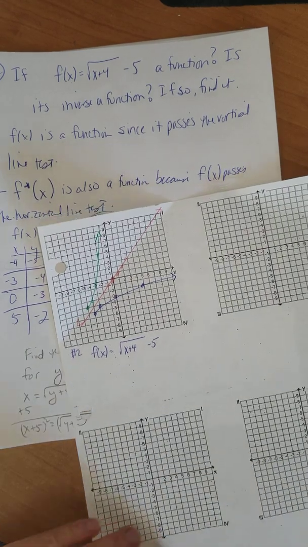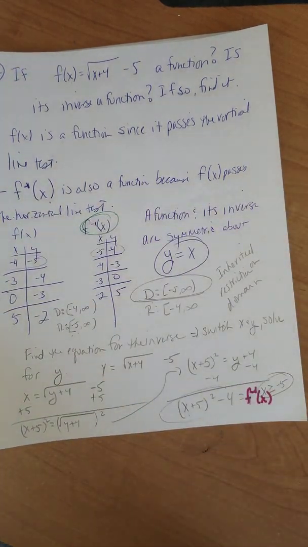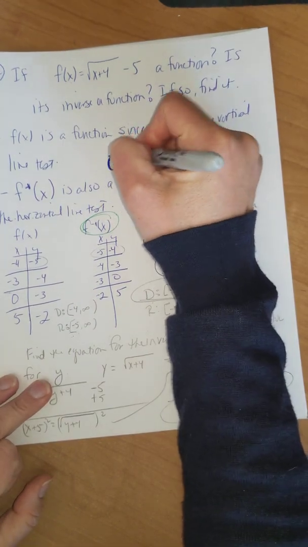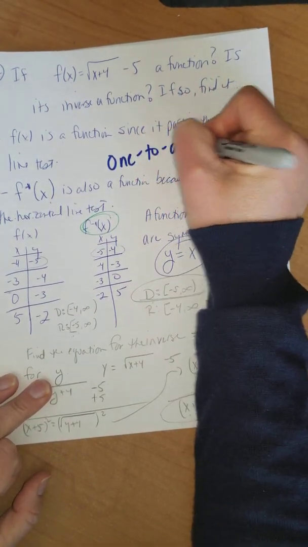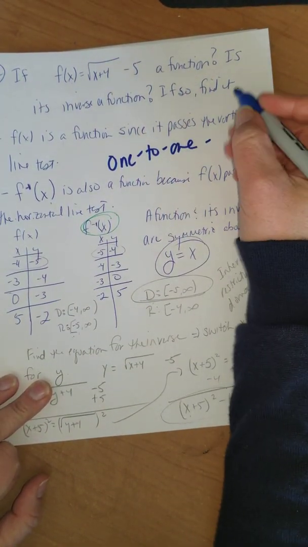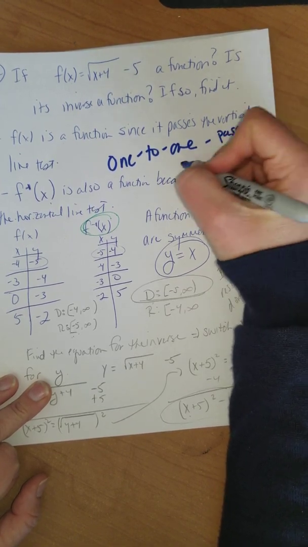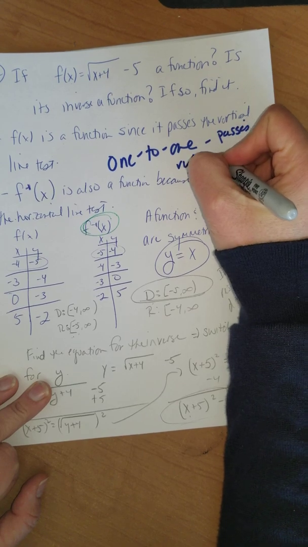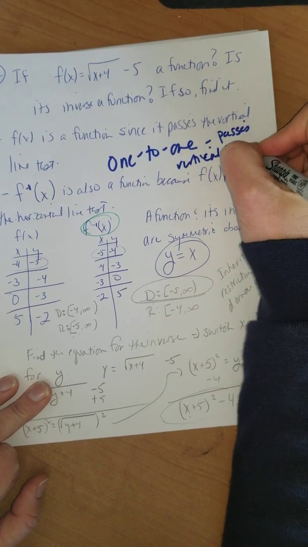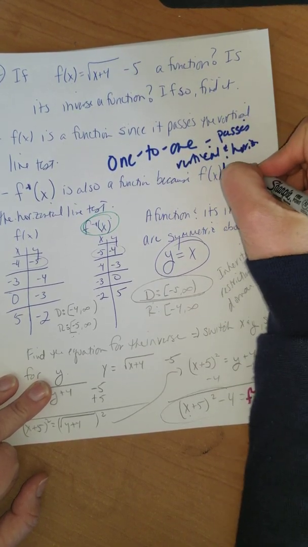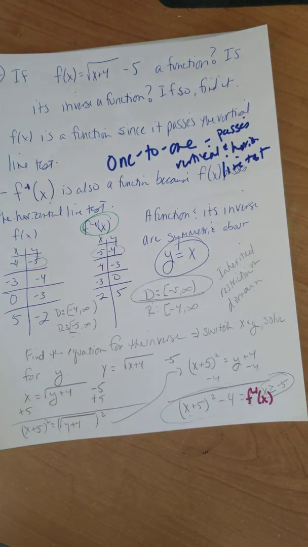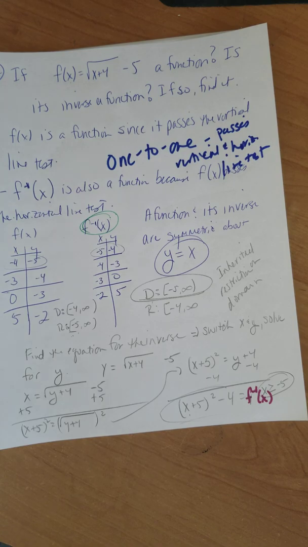Now, the other thing we could say about this guy is that these are 1-to-1, because it passes both the vertical and the horizontal line test. Sorry, I got kind of sloppy there. All right, so that is what an inverse is.